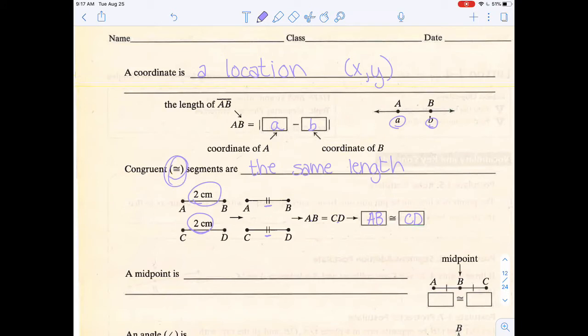This sign here is the symbol for congruent. Equal means they're the same length, congruent means, or this sign means they're congruent. Okay, midpoint is a point that divides a segment into 2 congruent segments.